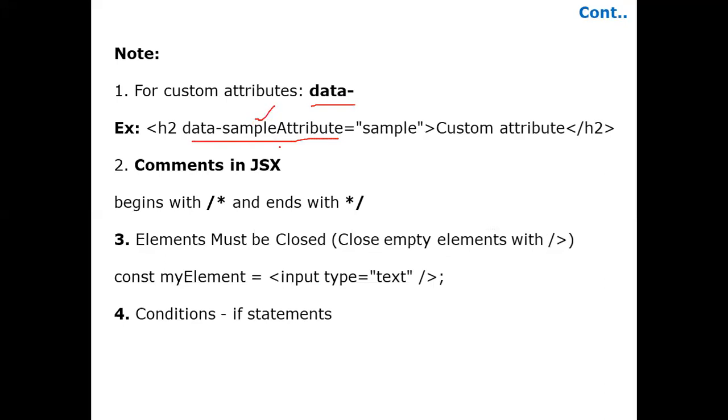A user defined attribute, like sample attribute, is a user defined attribute. So data-sample-attribute, you can assign a string literal or any other literal to this. So a custom attribute is written with data hyphen followed by the user defined name. And comments in JSX are represented with slash star and end with star slash.